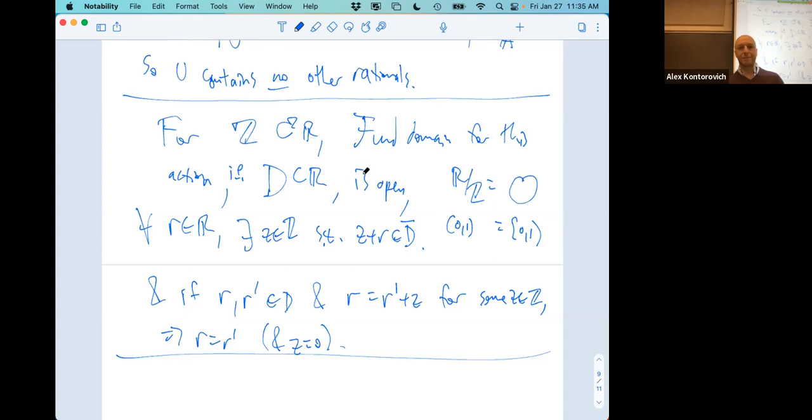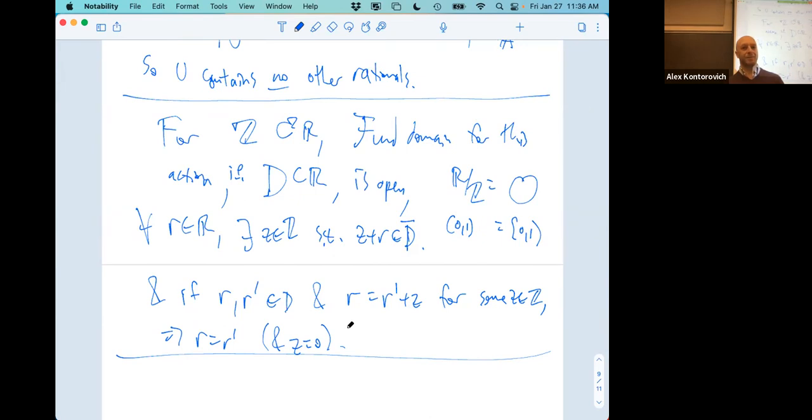You don't need uniqueness on the boundary. We also need a discrete condition. This is a general definition for a discrete action. If I have a discrete action of a group on some arbitrary space, a fundamental domain for that action is an open set in the topology of that space, so that every element of the space can be moved into that domain, or at least the closure of that domain, by an element of the discrete group, and it's unique.